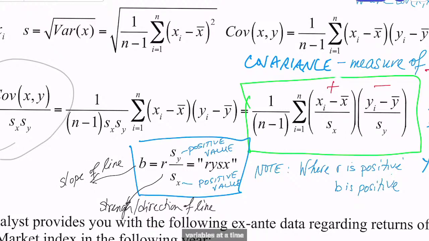And we're just doing this for 2 variables at a time. So the covariance is used to calculate the correlation, and the correlation is used to calculate the slope. So it's not really a prediction, they are the same thing. I mean, they're used to calculate each other.